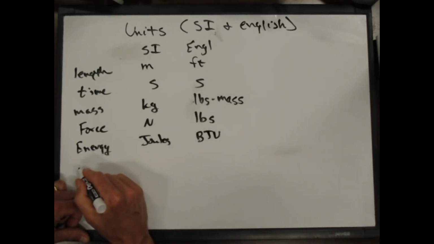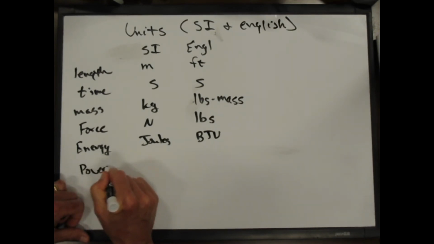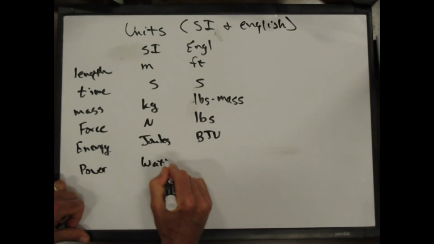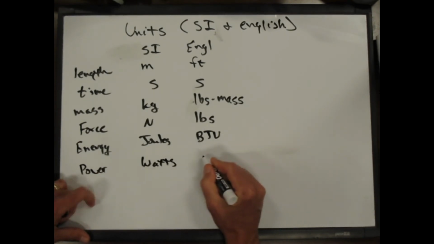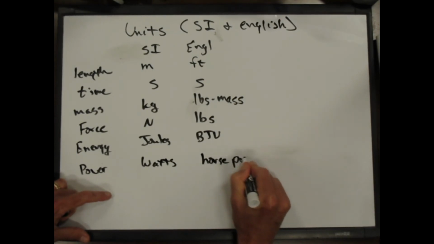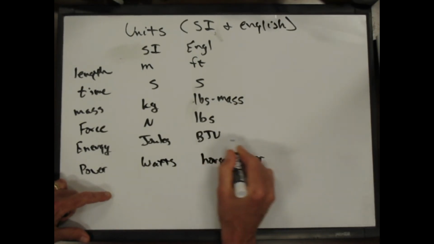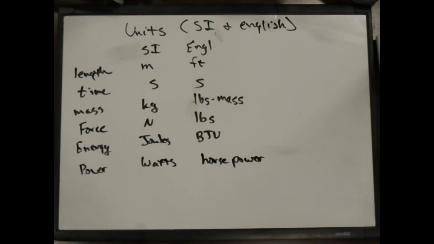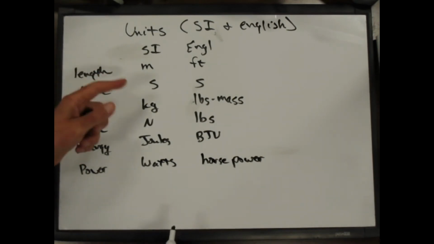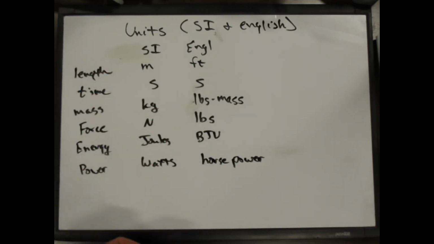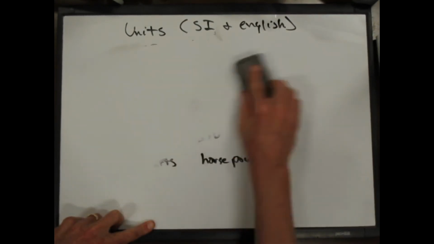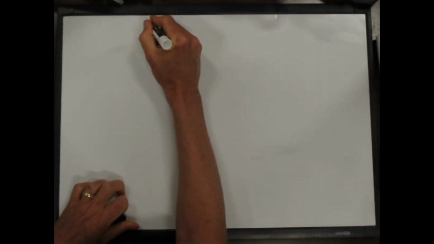We could do power. This is in watts, and this is in maybe horsepower. Could be BTUs per second, and so on. And so mostly we'll use these, but we'll have to convert back and forth between these once in a while. So unit conversion.